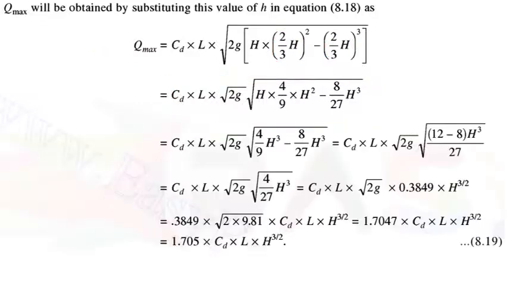These become H cube terms, so that becomes 12 minus 8, that is 4 by 27 into H cube. If we take that outside it becomes 0.3849 into H raised to 3 by 2. Again we simplify all the numerical terms and we bring the equation to 1.705 into CD into L into H raised to 3 by 2.